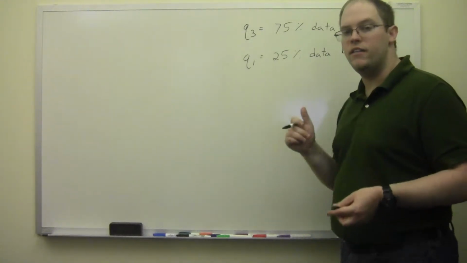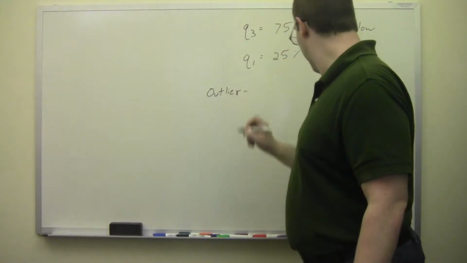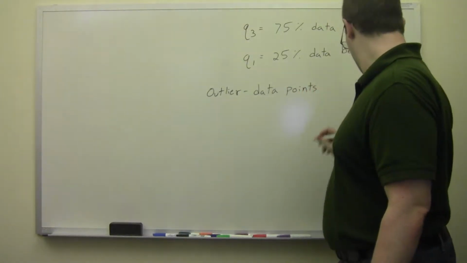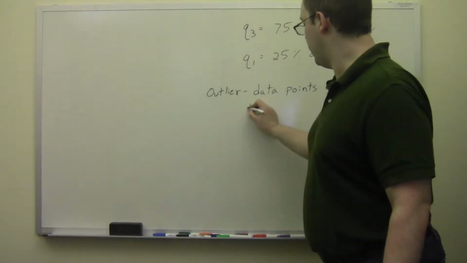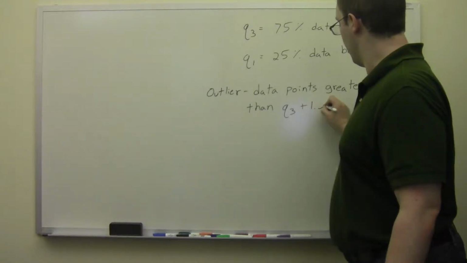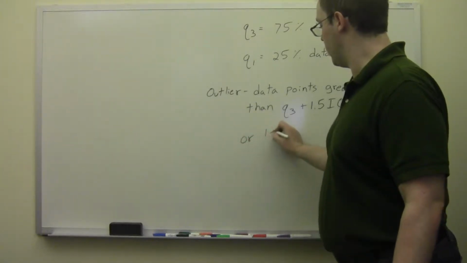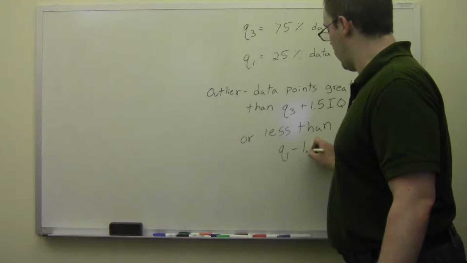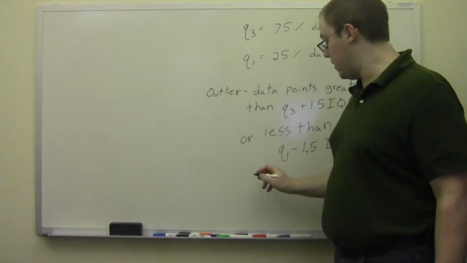So there are many definitions for outliers. One common definition that we typically see is that an outlier is any point that lies more than 1.5 interquartile ranges above or below Q3 and Q1. The interquartile range is exactly the difference between these two.